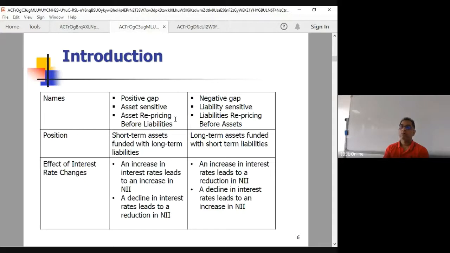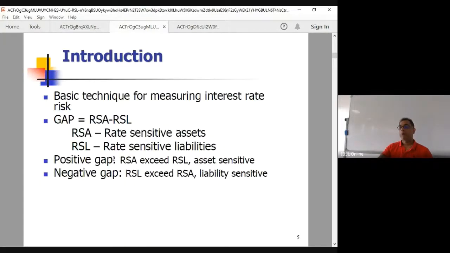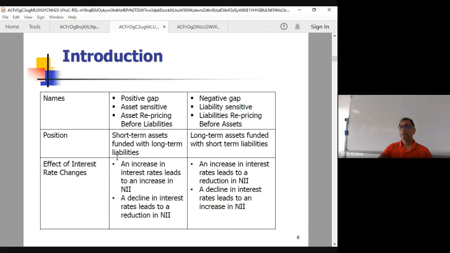So if you have a positive gap, which basically means, as we said before, you have more assets than liabilities, you are asset sensitive, and your assets reprice before your liabilities reprice.